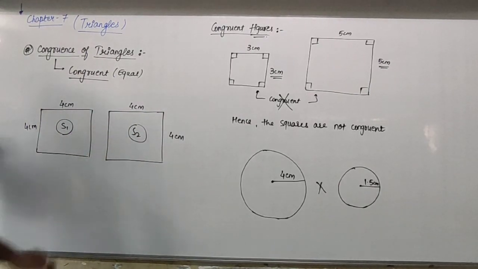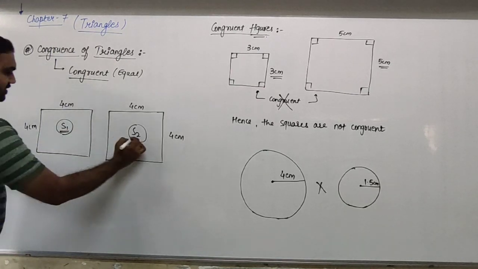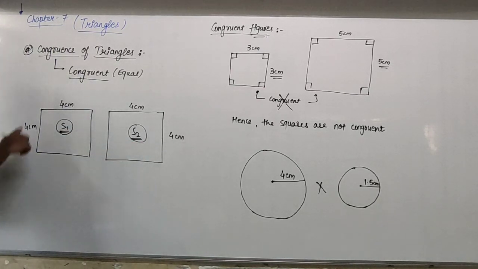So here there are two squares. Let us say S1 is the first square and S2 is the second square. See, both the squares are of side 4 cm each. Right? Now, can we call them as congruent?